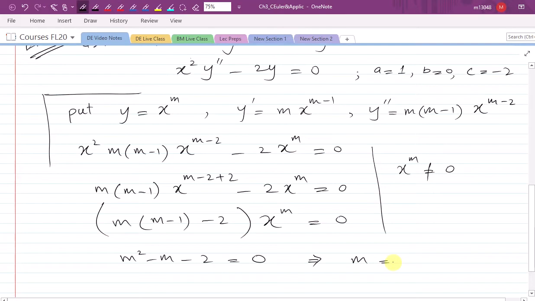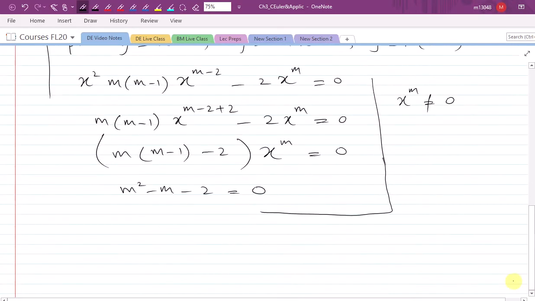Now, m equals, I'll put this into a bracket, because this part you don't need to do every time. And now I will write a formula for you: a m square plus (b minus a) m plus c equals 0.